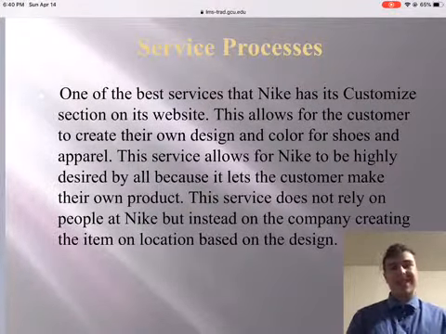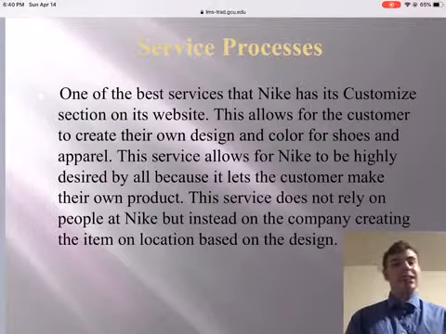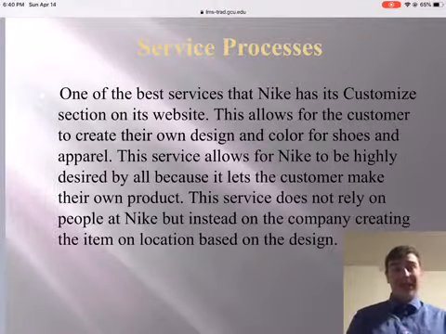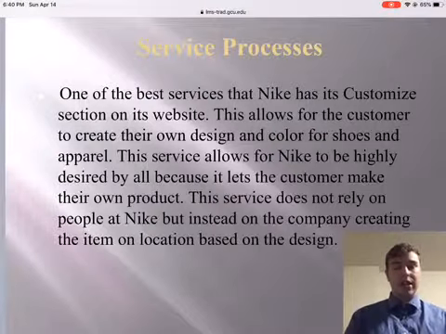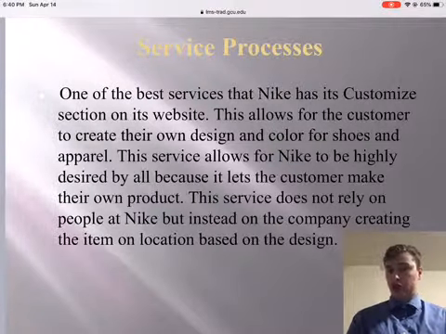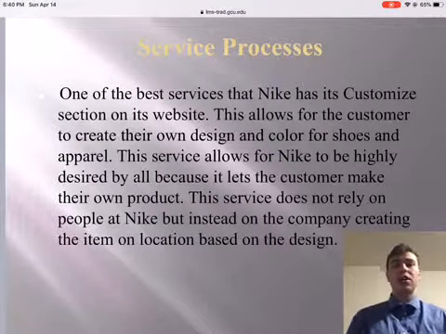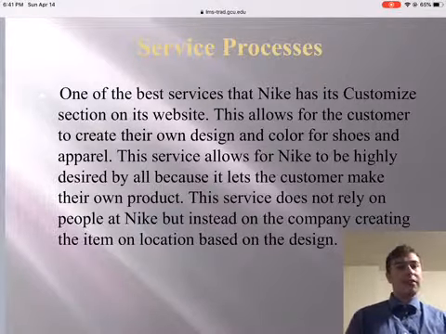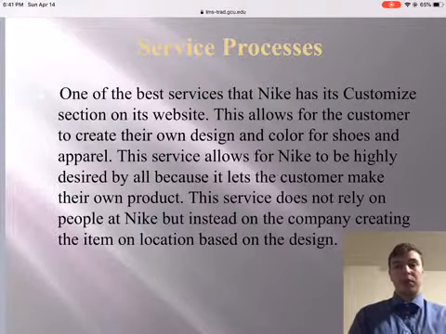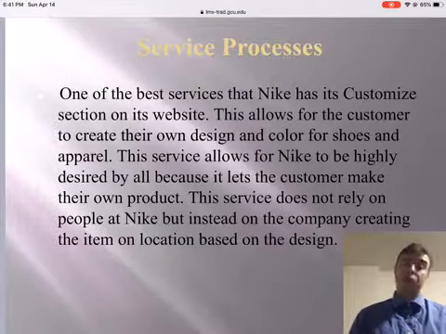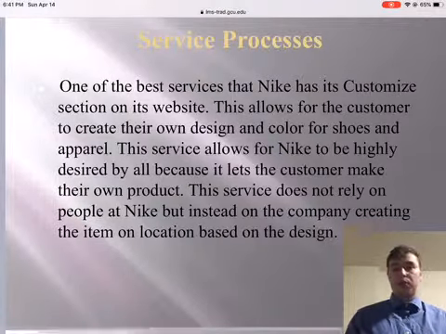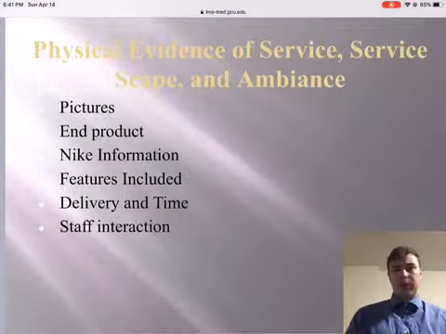One of the best services that Nike has is its customizable section. This is on Nike.com, and it allows the user to make their own shoe and design it the way they want to. And this is really innovative because it allows the consumer to make a product and to have Nike produce the product. It doesn't rely on the people at Nike, which is really big.